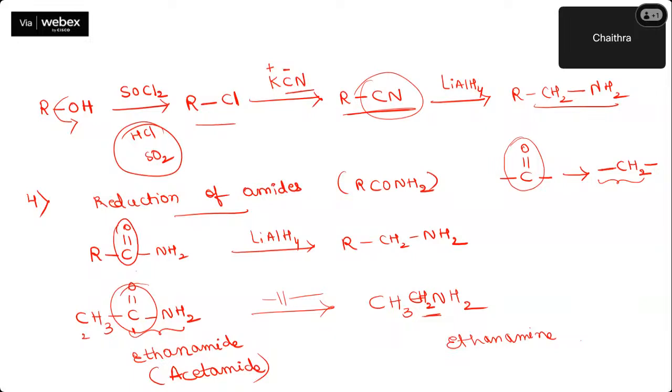Okay. So next, the fifth and sixth preparations are very, very important, so clearly understand. Next, it is also a named reaction: Hoffman's bromamide reaction, or you can also call it Hoffman's bromamide degradation.